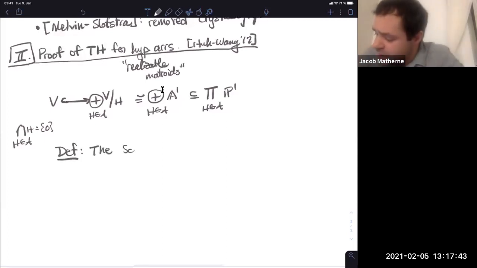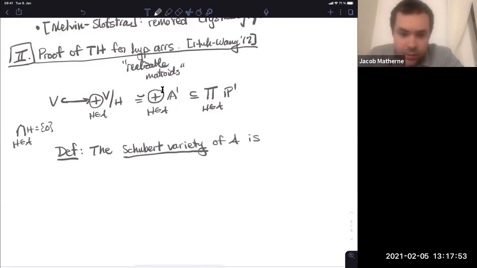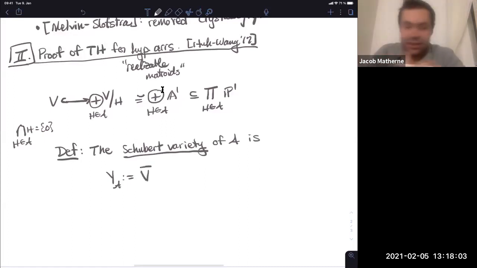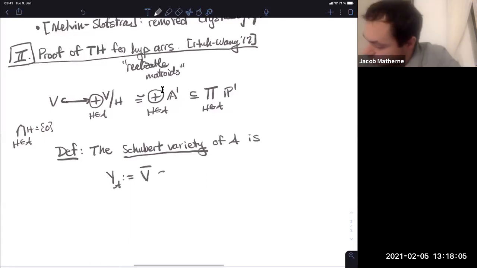And it has the name because it plays a similar role. What I do is, I'm going to call it Y sub A, and it's going to be, along the sequence of maps, I'm going to take the closure of V inside of this product of P1s.